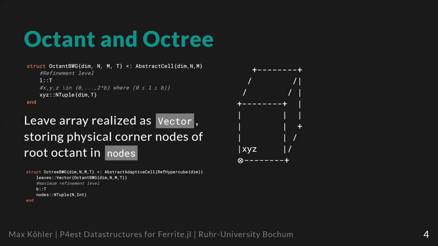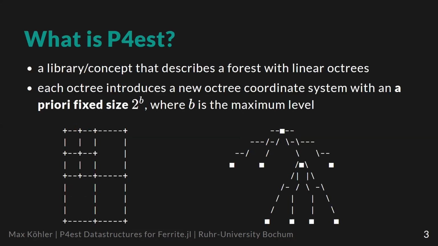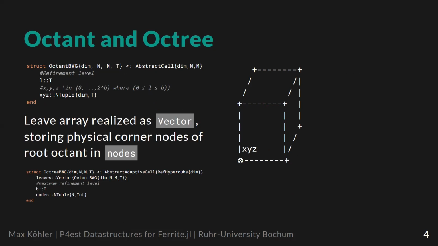And yeah, so this is the octant, and the octree itself consists more or less only of a vector of octants, and they store the leaves. So maybe let me switch back. So you only store in the left case this, and this. And those are stored in one array, a dense array, basically.